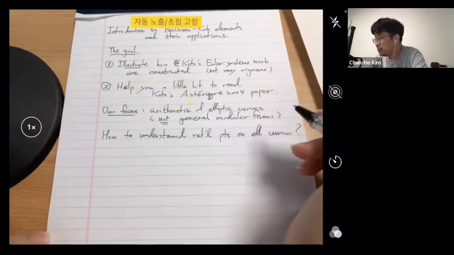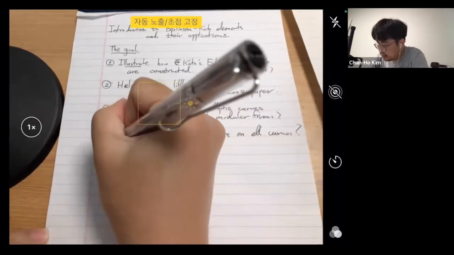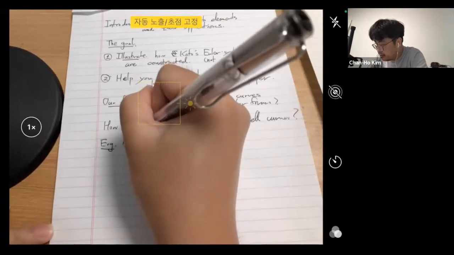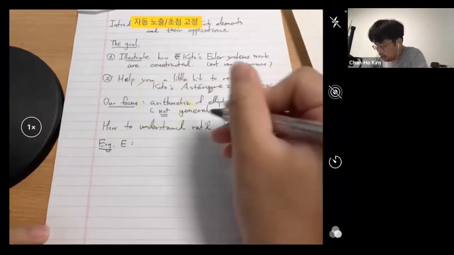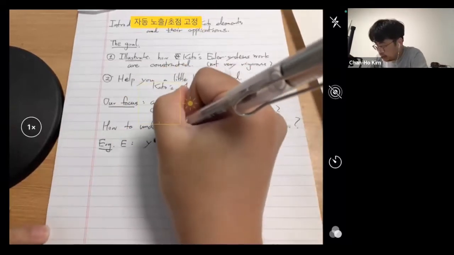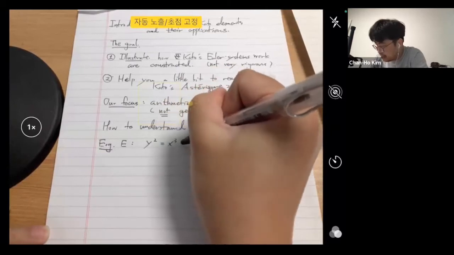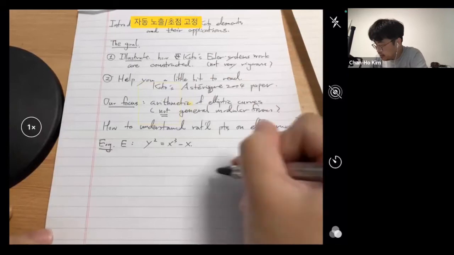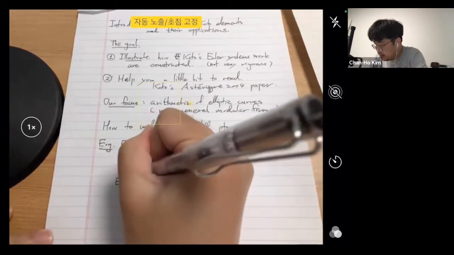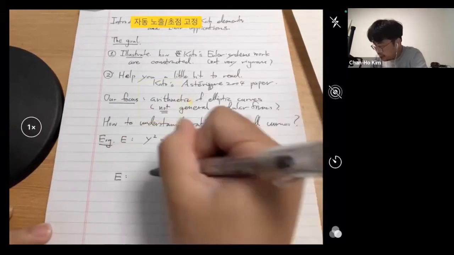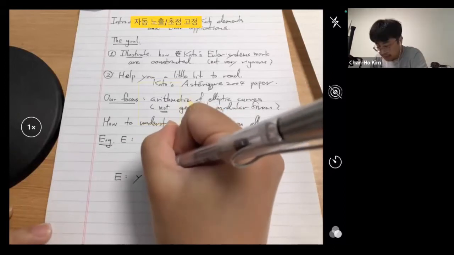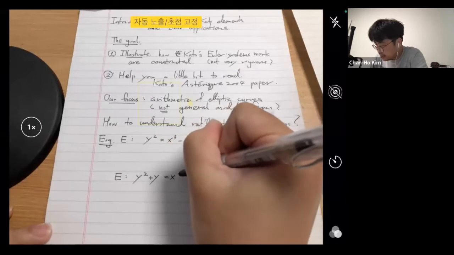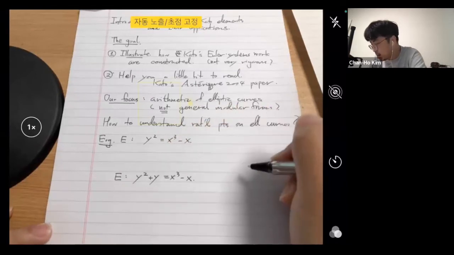Let me bring two examples. The first elliptic curve has the following defining equation: y squared equals x cubed minus x. And the second elliptic curve is very similar, with the equation y squared plus y equals x cubed minus x.